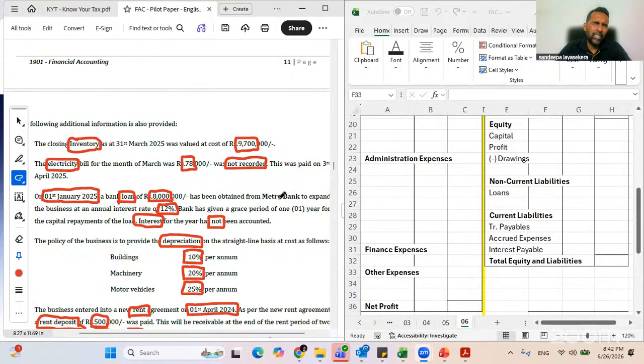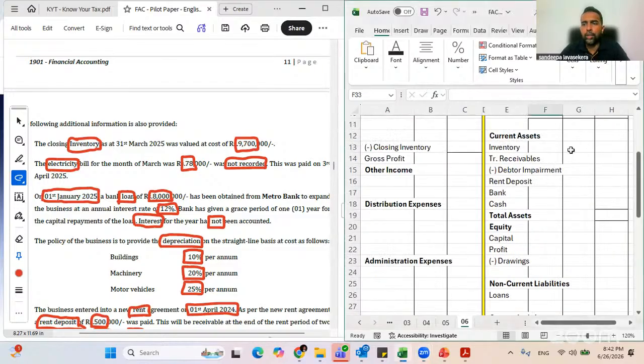Right, the first adjustment is pretty easy, your closing inventory. There's an unsold inventory at the year end, which is an asset because next year you are going to sell it and make cash. So that's an asset, 9,700. And at the same time, that unsold inventory we have to remove from the purchases in the cost of sales.